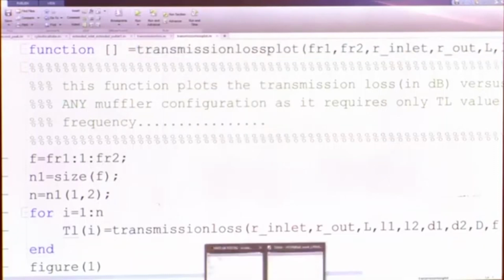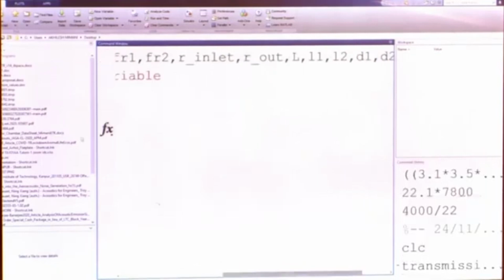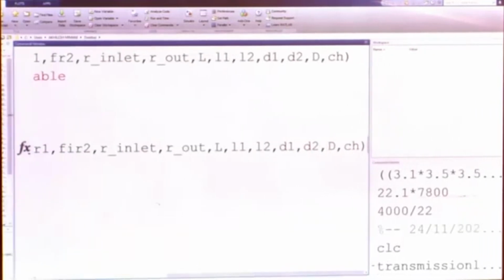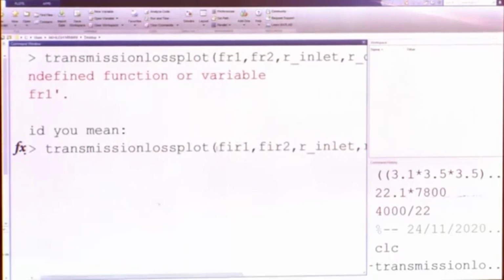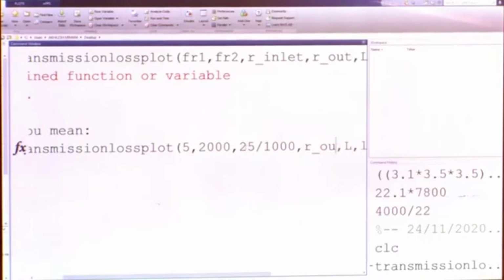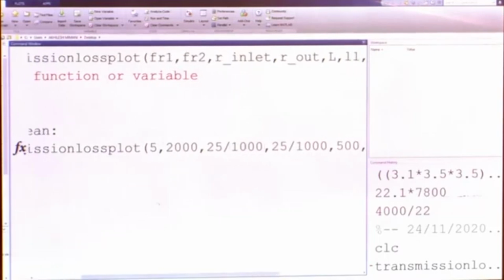So, what we will do is write down certain things. Let me increase the screen space for you. Let us consider some realistic dimensions. Frequency, let us start with 5 hertz and move on till say 2000 hertz, it should be good enough. R inlet, let us say this is 25 mm, divided by 1000 to convert mm to meters.